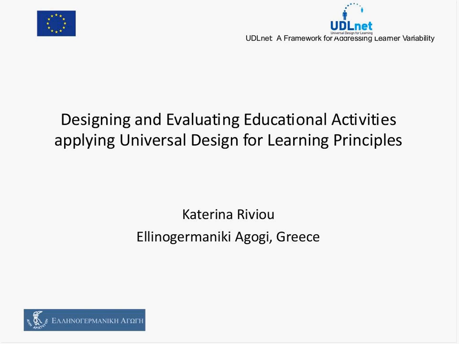She has participated in several projects related to education and training, many European projects, and she has done a great job on that. So I invited her here today to talk to us about how you can design and evaluate your activities at school in eTwinning, and universal design for learning principles.